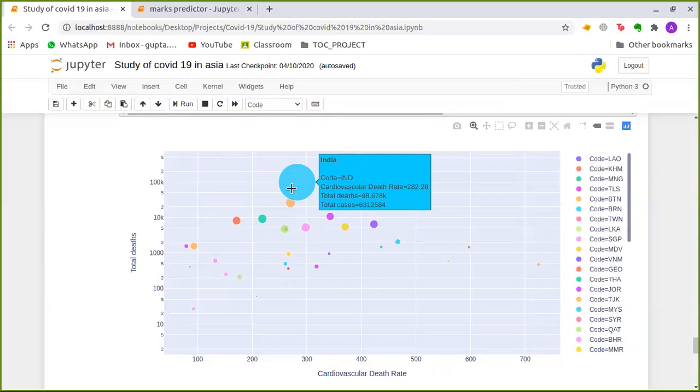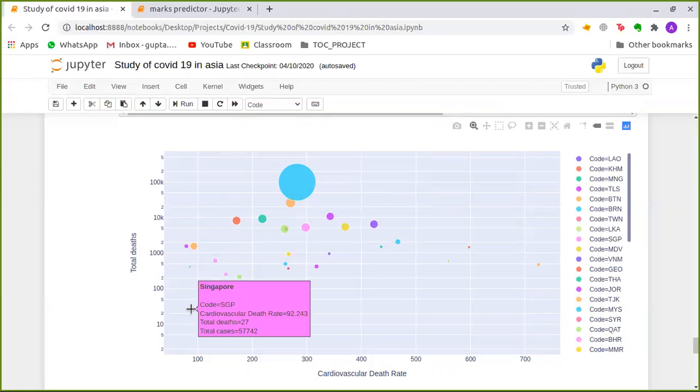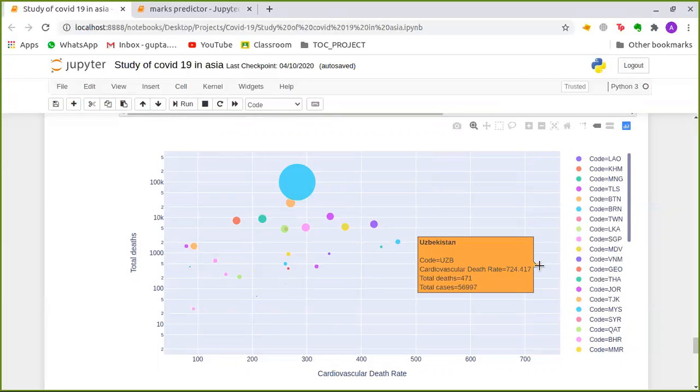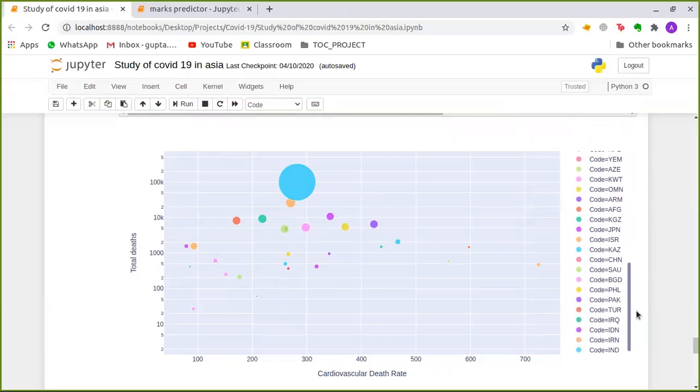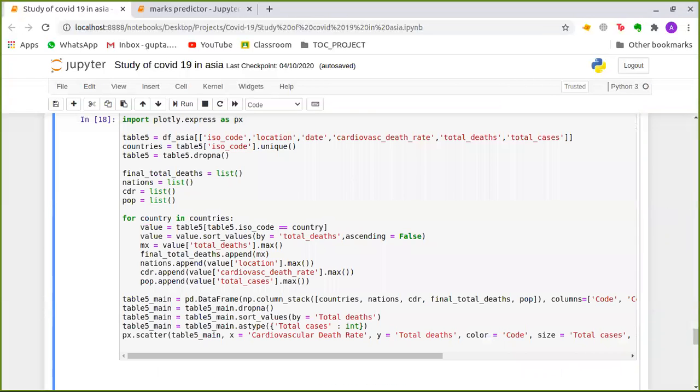For example, India has a very high cardiovascular death rate and also a high total number of deaths, as compared to Singapore, where the cardiovascular death rate is approximately 1/3 of what India has, and the total deaths are also very low. But again, there are certain exceptions like Uzbekistan, where the cardiovascular death rate is very high but the number of deaths is very low. Each bubble is color coded as our legend shows.